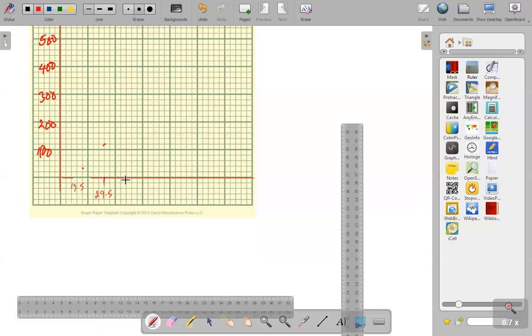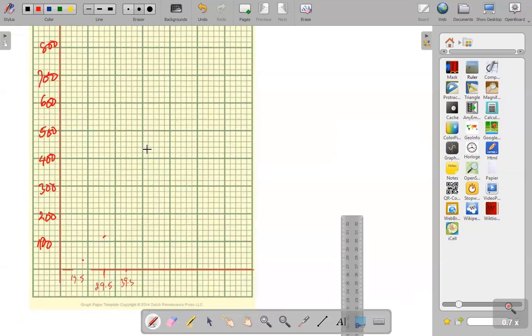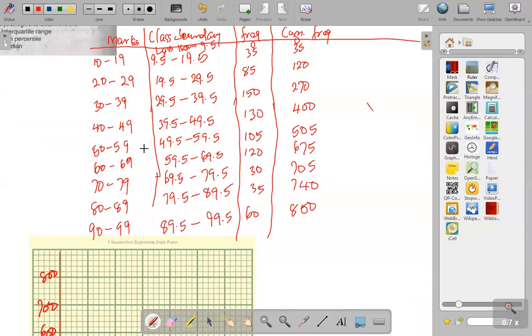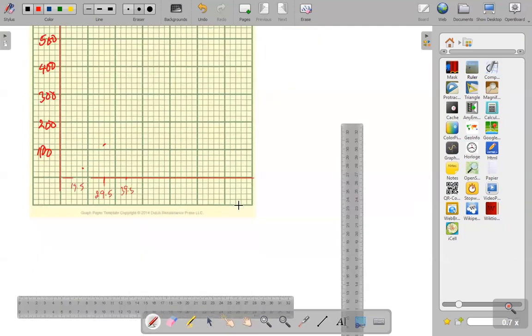Here is my 39.5. Then what was my cumulative frequency there? 270. Let's assume 270 somewhere here, and just put it there.